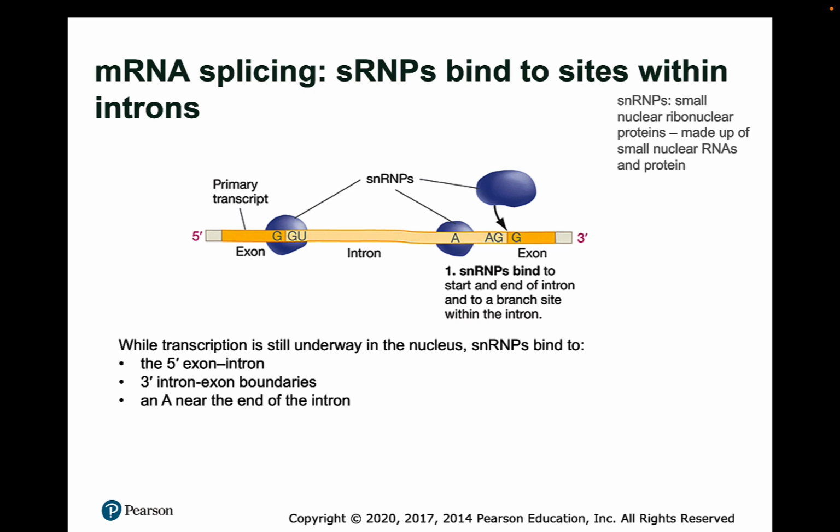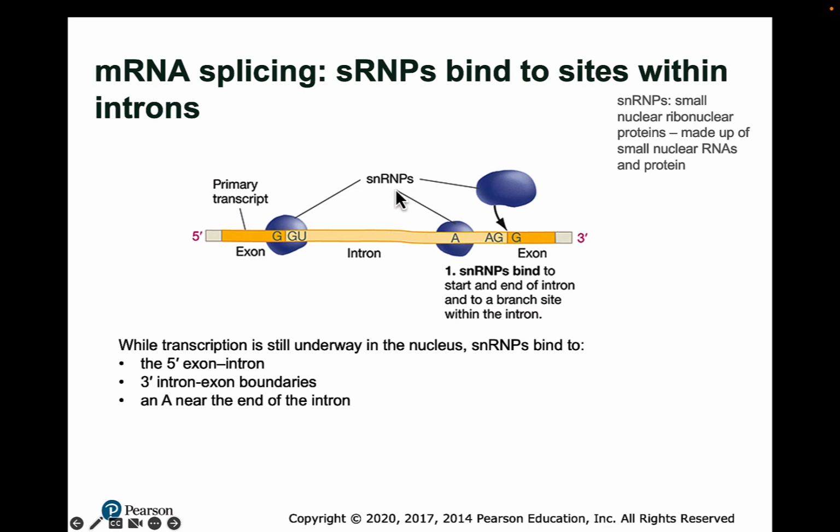We're going to describe the process by which the cell splices the mRNA into a mature transcript. The first thing that happens is that these complexes called SNRPs, which I think is an adorable name, bind to the intron region of a gene.